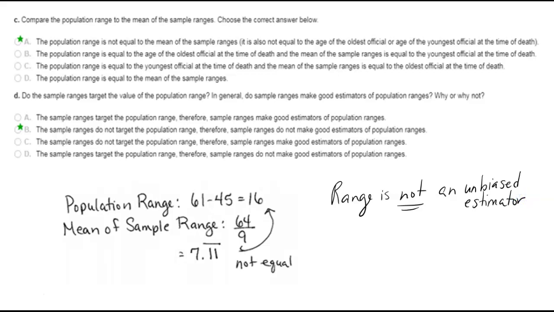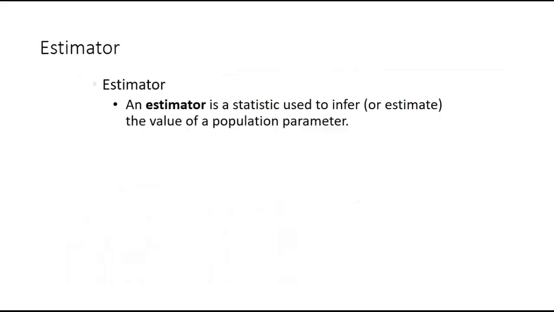As we go on and build in chapters 7, 8, 9, and so forth, we're going to see that we construct most of the techniques that we use in statistics around these unbiased estimators. So it's really important to know which ones are unbiased and understand why they are. An estimator is a statistic that's used to infer or estimate the value of the population parameter.